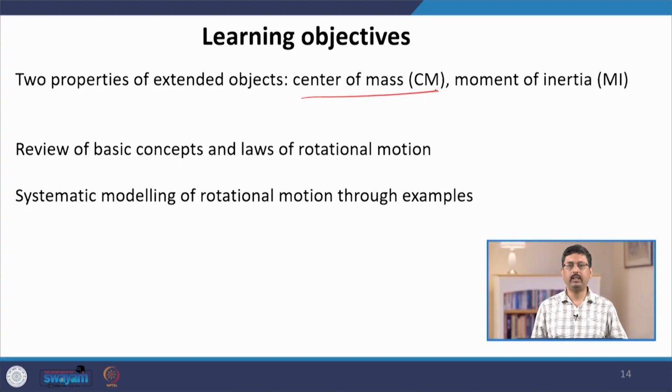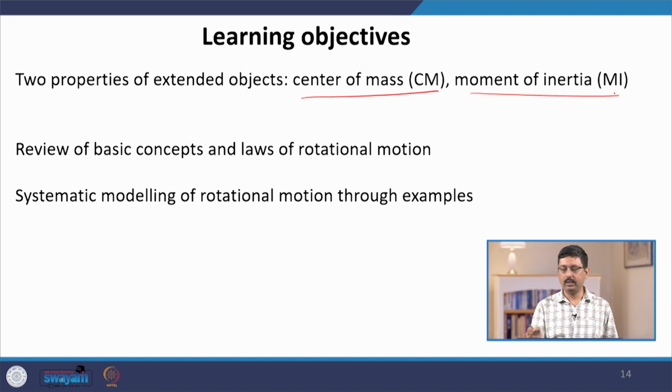Here I would like to point out the learning objectives for this part of this module. First, we are going to consider the extended object, and we want to define two key properties of the extended object that define their mass distribution. The first property is the center of mass: how to find the center of mass position of an extended object.